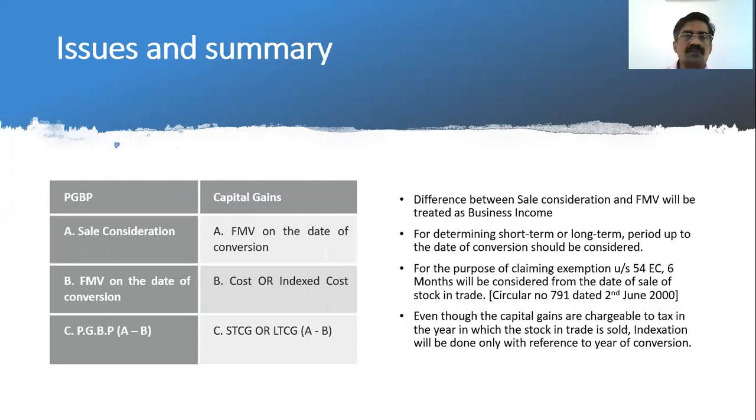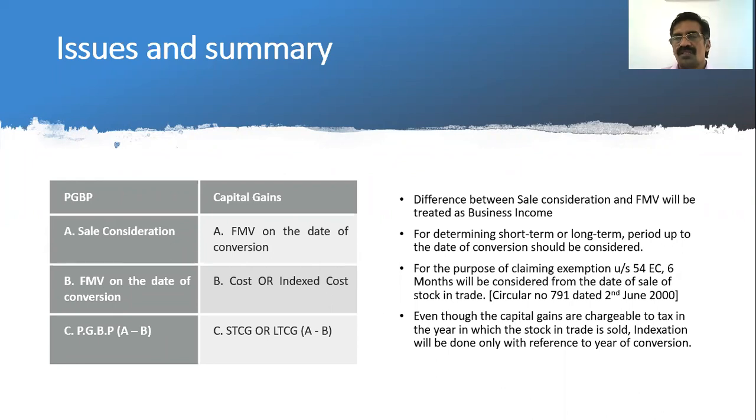For the purposes of claiming exemption under section 54EC, luckily we have a board circular. We had a board circular in the 54 deposit scheme, the depositor dies, 743 circular, nobody is taxable. When a circular is given by the government, it's a lot easier because circulars are binding on income tax officials. Here also they have given a circular.